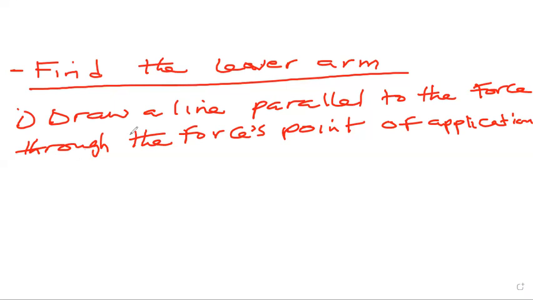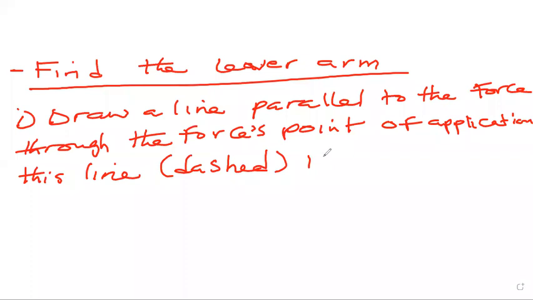The first point is draw a line parallel to the force through the force's point of application. This line here should be a dashed line, and this line is what we call the force's line of action.